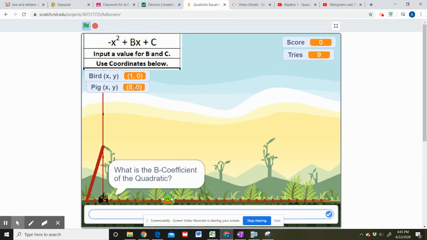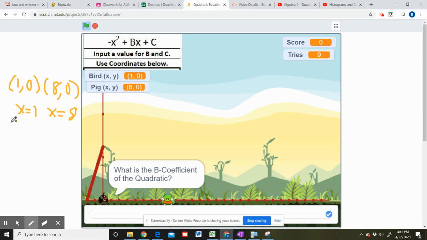Okay, so here's the coordinates of the bird, 1, 0. The pig is 8, 0. So if I go 1, 0, 8, 0, right? And then I have x is equal to 1 and x is equal to 8.